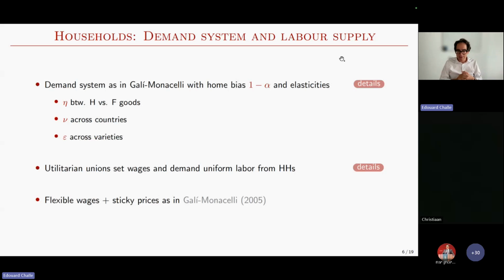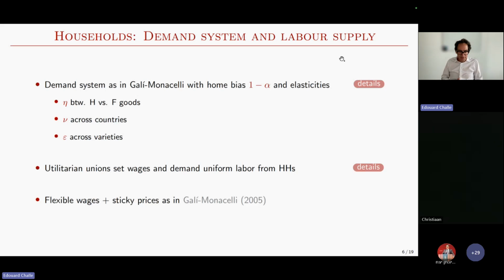Okay, so we have a demand system à la Gali Monacelli, where eta is the elasticity between home-produced and foreign-produced goods. Okay, so how much do I respond? It measures the extent of expenditure switching, if you want. How much do I respond to changes in the relative price of foreign versus home-produced goods?